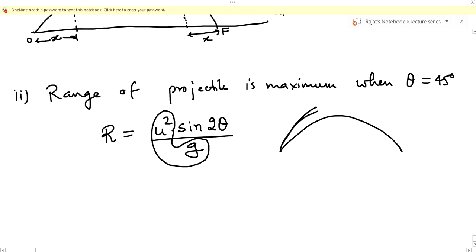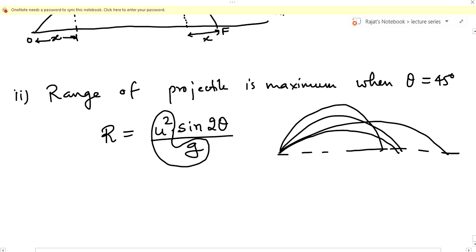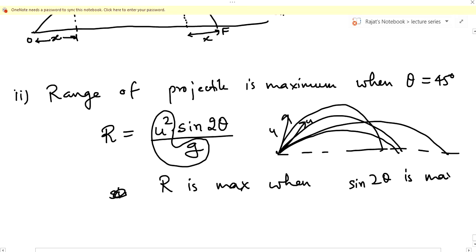At what angle will the range be maximum, considering that each of the throws is at initial velocity u? So u square by g is a fixed value, a constant. So R is maximum when sine 2 theta is maximum.